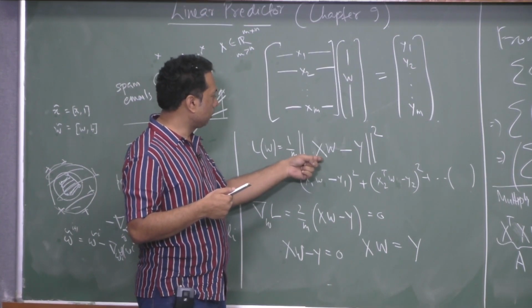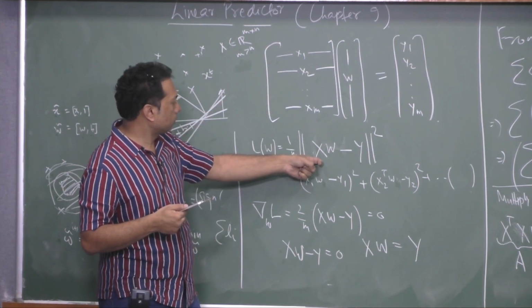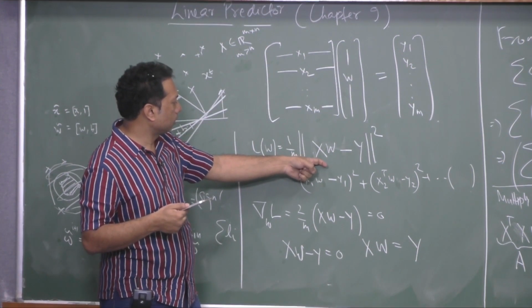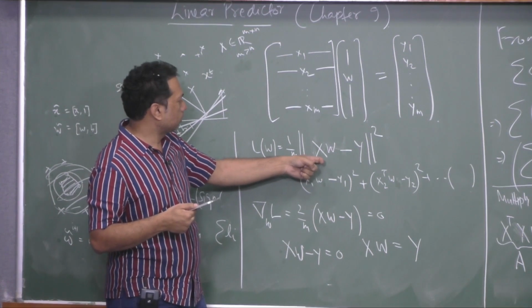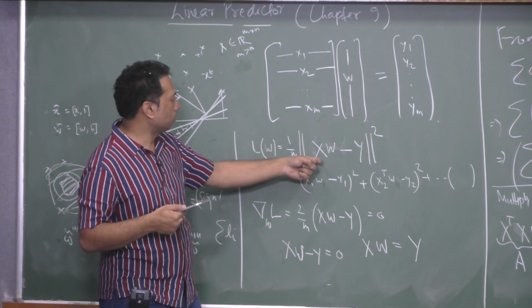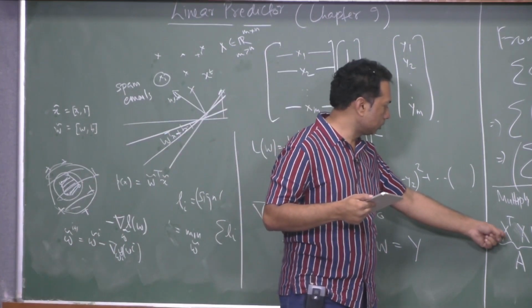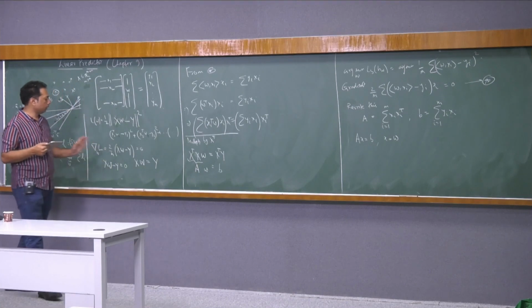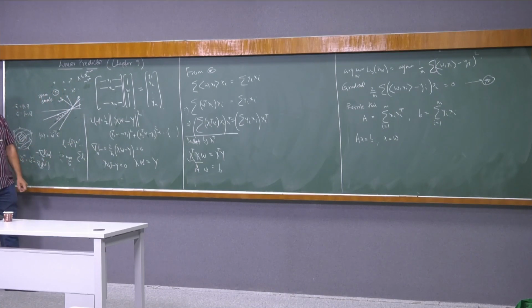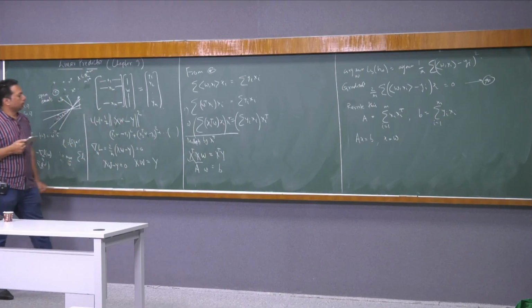But since X is rectangular, you are already looking for a least square solution. Least square means it is not necessarily going to be 0, but it gives you the minimum possible. This is called the normal equation approach, where I multiply by X transpose, project onto X transpose to make it square, and then use linear algebra to solve it.